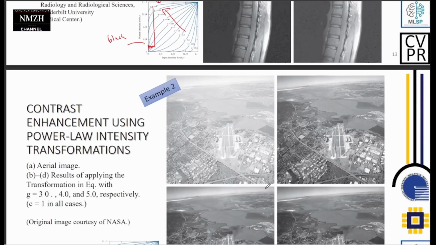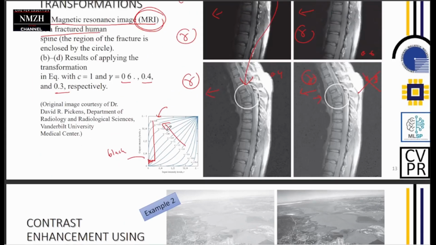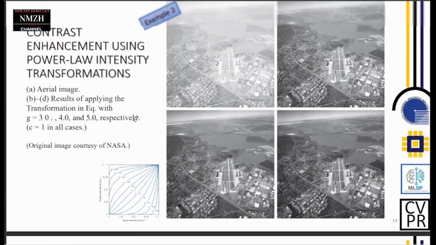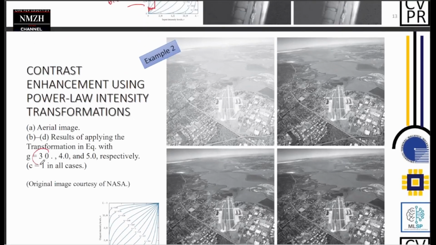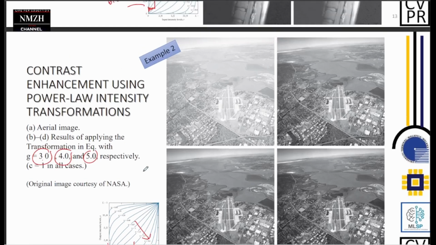Okay, the second, just now we talked about reducing the gamma value. Now we talk about increasing the value. Increasing means this one, right? We want to push the black more than the white area, guys, because the original aerial images taken from the satellite happen to be very high contrast.